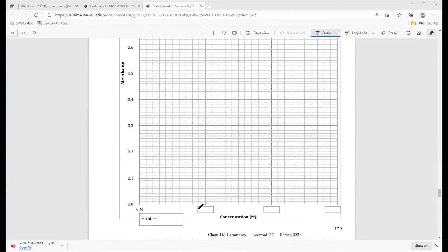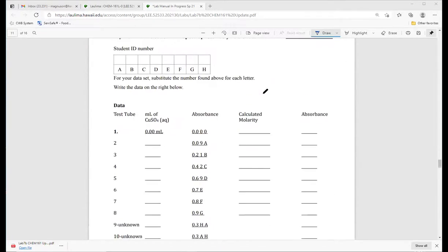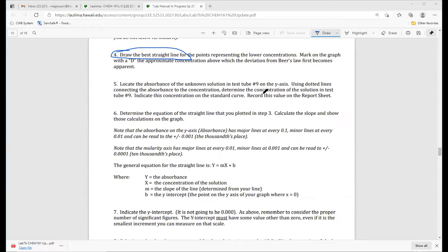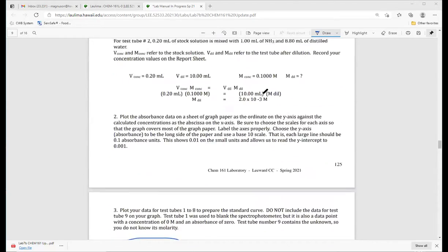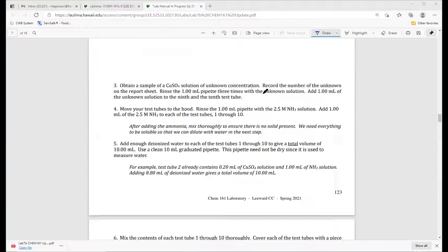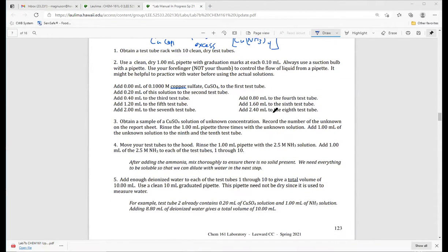And the concentration, I started to do the concentrations. Let's go back and do it right here. The first concentration is 0, and the highest concentration is going to be 2.40 milliliters times 0.1000 molar divided by 10, because each test tube has a total volume of 10.